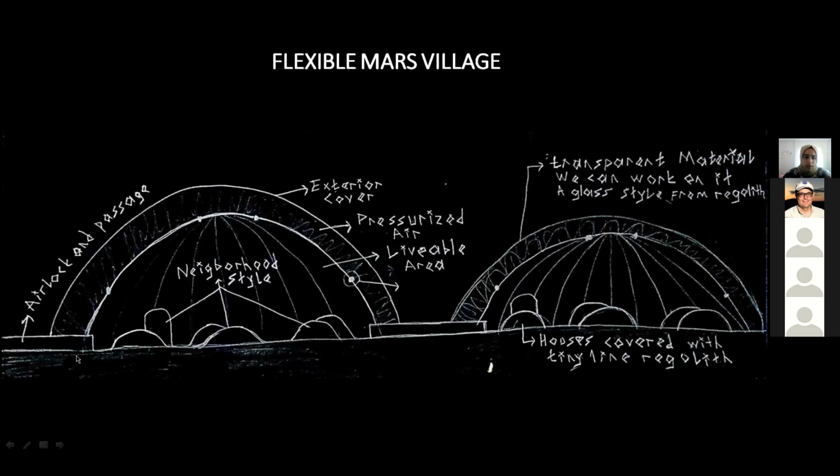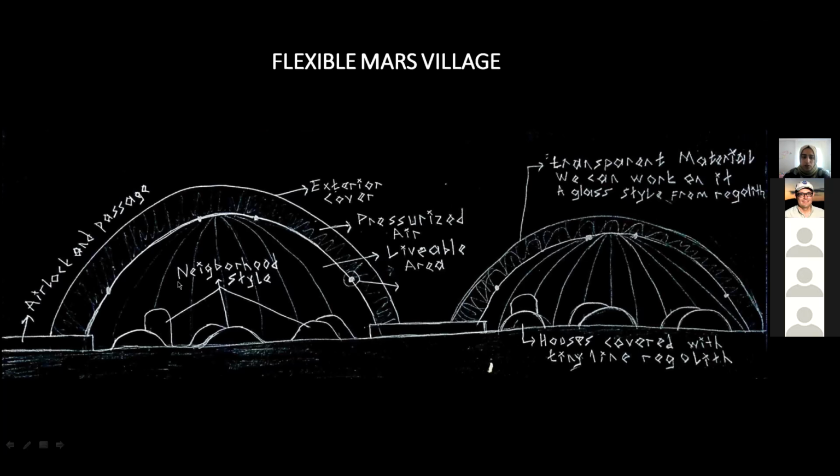As you can see here, these are the air locks, or it can be a passage to the other neighbor. It will be like neighbors next to each other. In the middle part, there will be a livable, safe area with different small neighbors.